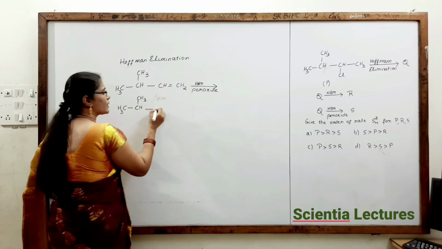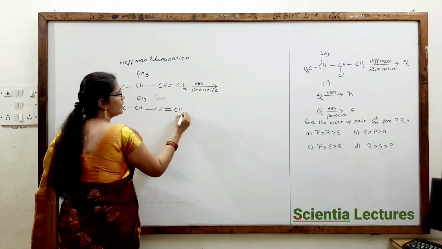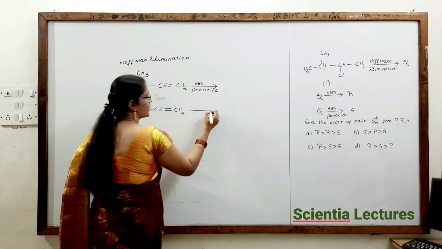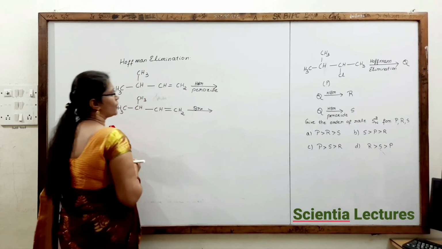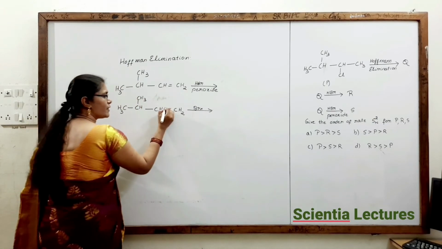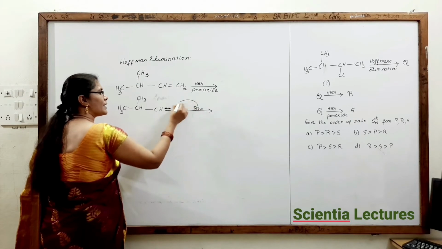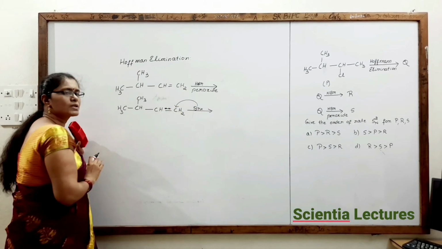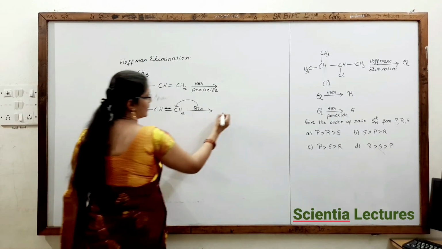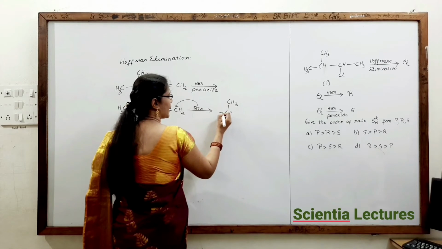Let us see how it undergoes anti-Markovnikov rule or how it produces anti-Markovnikov product in the presence of, as we have seen, bromine free radical. Now bromine free radical, here we have 2 electrons. So bromine free radical will try to attack this carbon because secondary free radical is more stable than primary free radical. So here secondary free radical is formed as reaction intermediate.